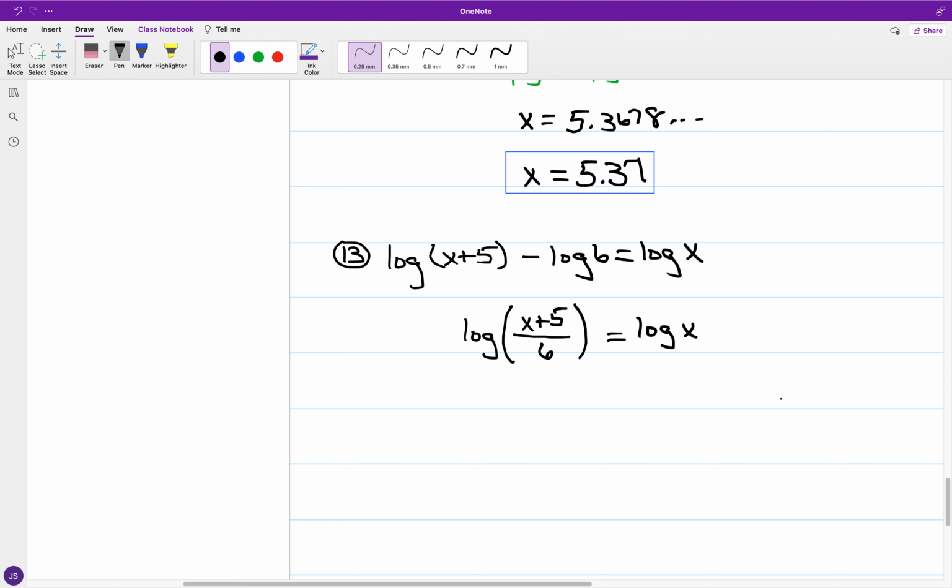On a parallel note, we have the same base 10 logarithmic terms on both sides, and I can set the arguments equal to each other.